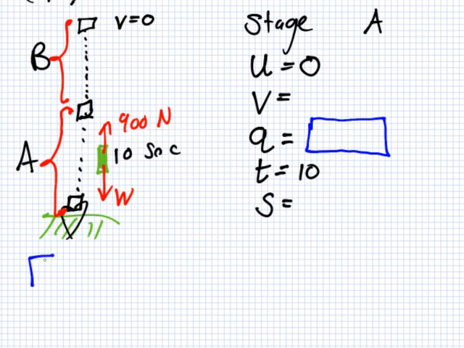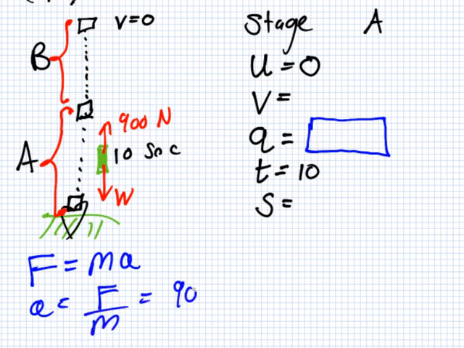So F equals ma, so A equals F over m, which would be 900 minus the weight over m.